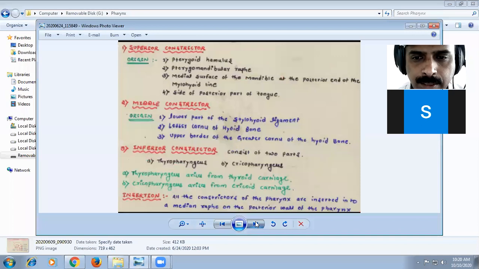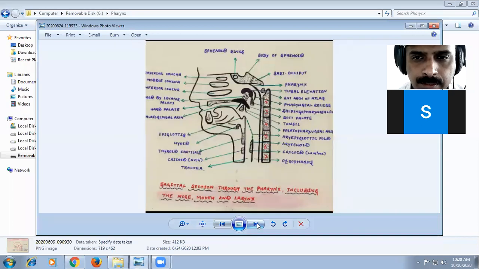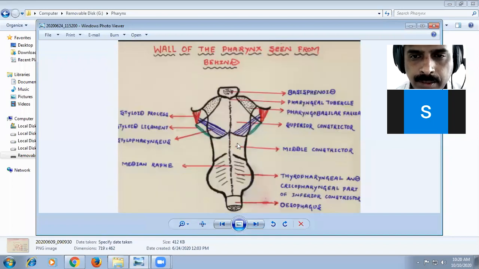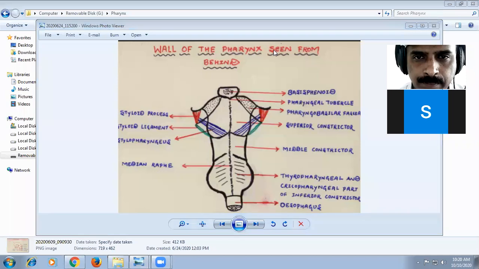Next comes the most important part to remember. I told you last time the preliminary remarks of the pharyngeal muscles. Whatever the muscles of the pharynx, we call them constrictor muscles.